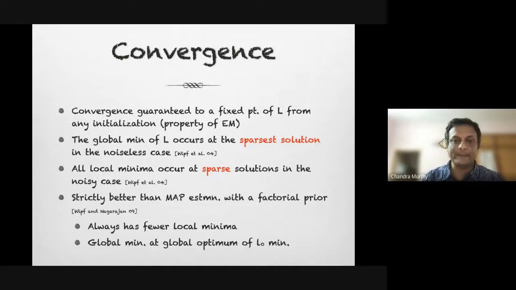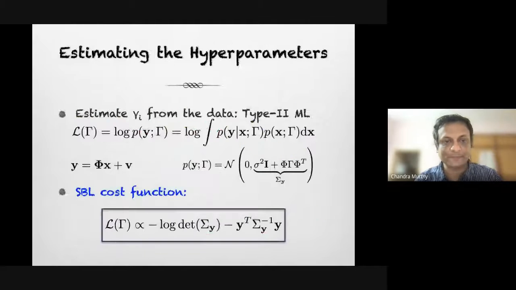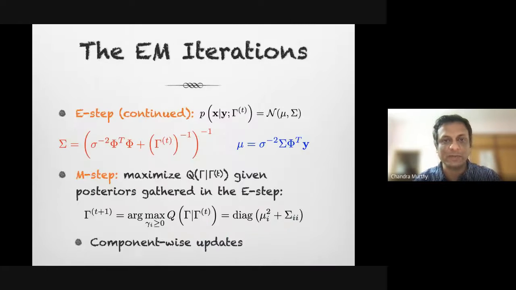Or in fact, a fixed point is one where for small perturbations of gamma, you won't really change the cost function L. It is guaranteed to converge to a fixed point of this function L of gamma, this SBL cost function, from any initialization.